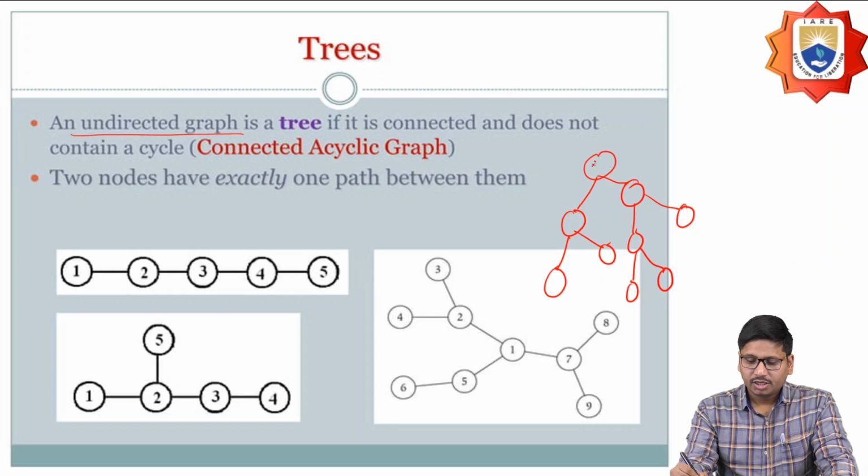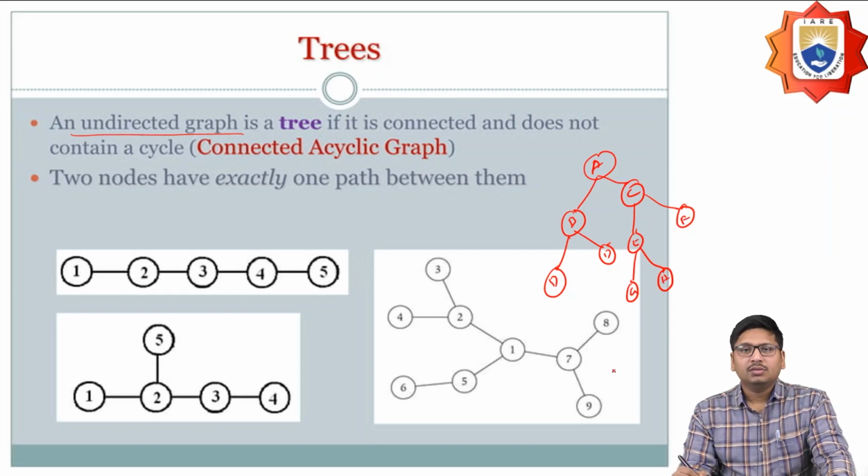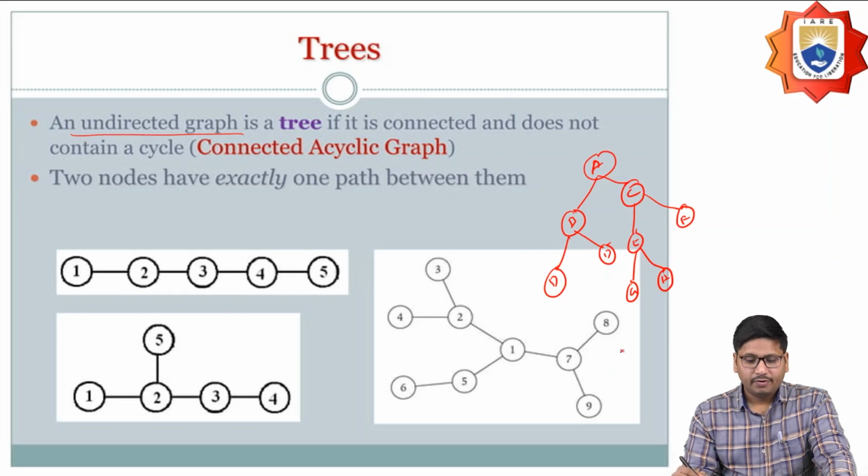So this is the tree actually. Every tree like this is also a graph. Suppose I connect this one, then this may not become a tree, since it contains a closed cycle.